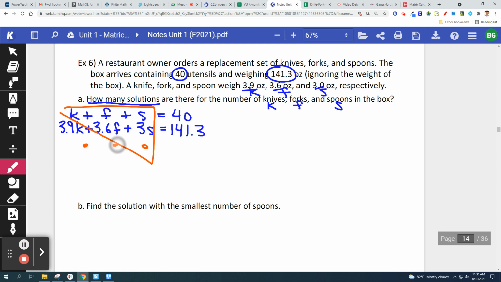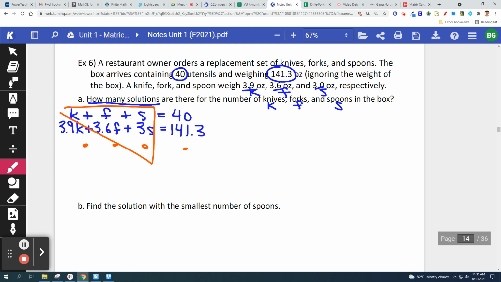Specifically, what you should notice is that if there are 3 variables, we're going to need at least that many equations in order to have a solution. When you've got 3 variables but only 2 equations, that's a pretty good indication that there will be many solutions. I'm going to shortcut through all of the steps and go right to the end and tell you that yes, this is many solutions.